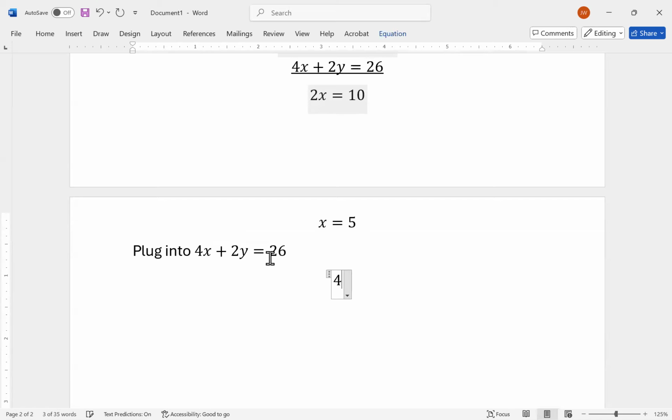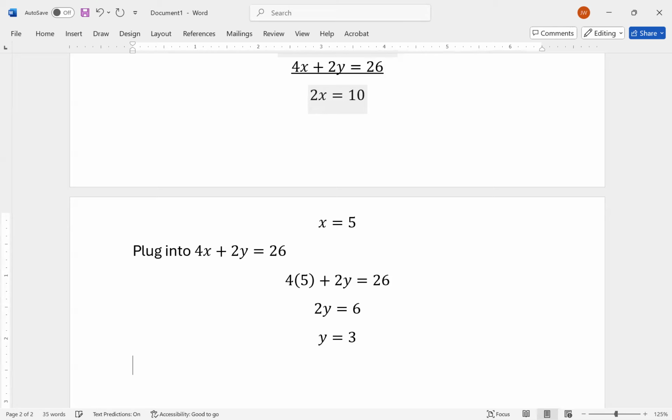But we get 4 times 5 plus 2 times y is equal to 26. 4 times 5 is 20. If I subtract 20 from both sides, I get 2y is equal to 6. So y is equal to 3. Now I know the x value. Now I know the y value.